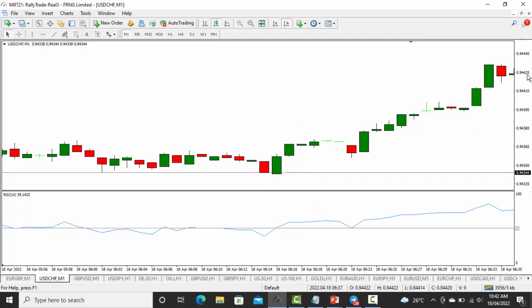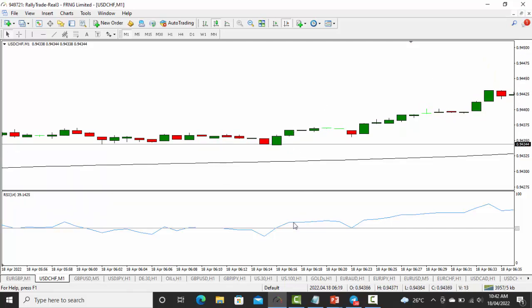Let me even check where the RSI is. On this particular level, if you trace to where the RSI was at that time, RSI was already above the 50 mark, and price is also trading above the 200 exponential moving average. So this bullish engulfing that I just pointed to happens to be a trigger bar on this instrument.